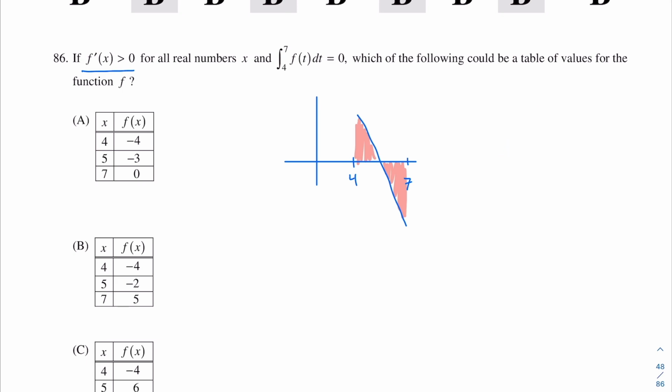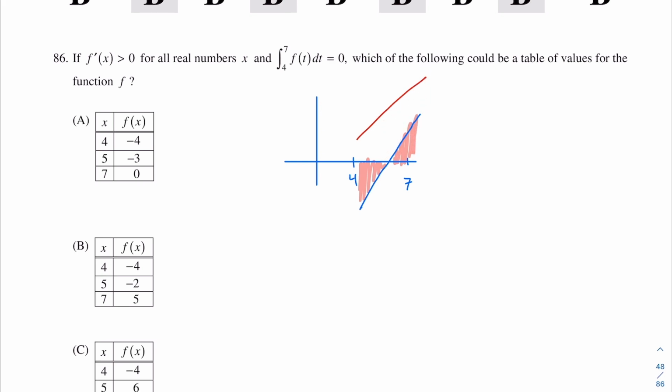So I'm actually going to take back what I drew and draw something that looks like this, right? So positive slope, meaning that the values of f are increasing, and the area under the curve sums up to 0. So now, just thinking about this, if our function f was always positive, well then this area under the curve would be positive.